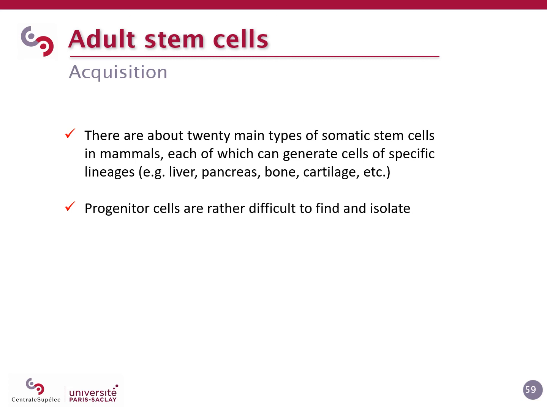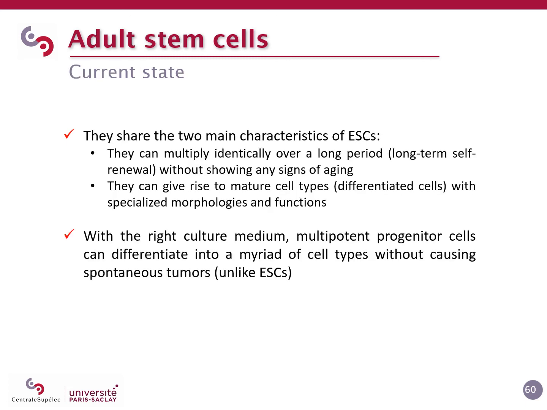Progenitor cells are rather difficult to find and isolate. They share the two main characteristics of embryonic stem cells. They can multiply identically over a long period, long-term self-renewal, without showing any signs of aging.